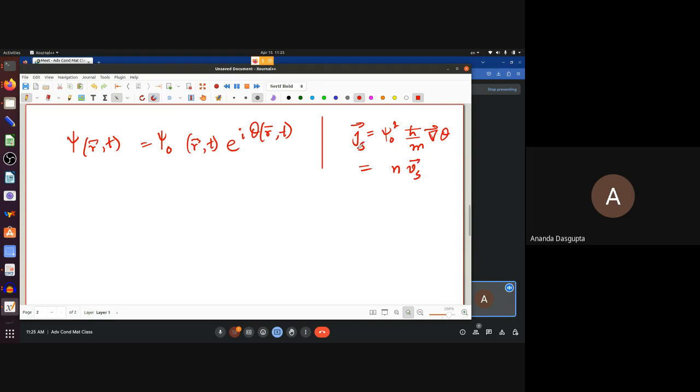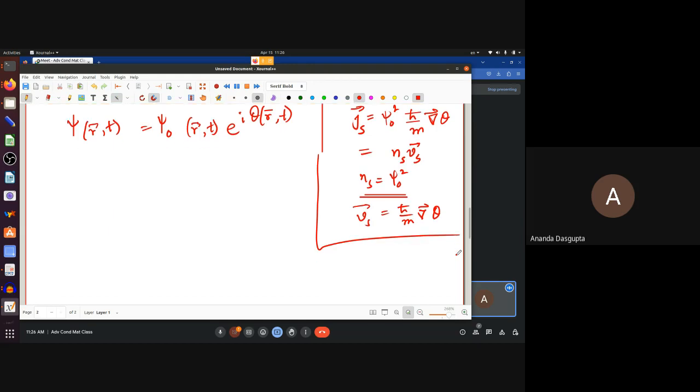So this is a superfluid current, of course. It's the number of superfluid particles times Vs, and Ns essentially is psi0 squared. So we interpret Vs as h-bar over m grad theta, and the fact that that leads to a irrotational flow and the notion of vortices, etc. We have already discussed that in some detail.